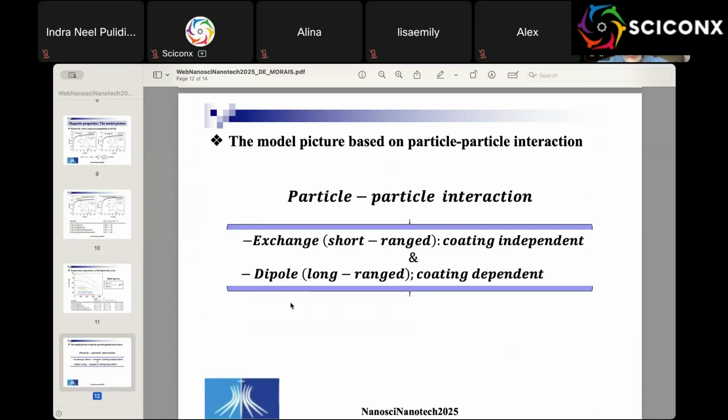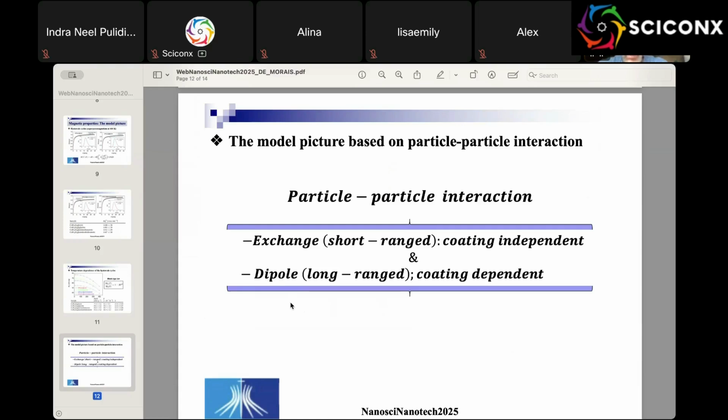Because after you coat your nanoparticle, the exchange interaction is ruled out completely, because it requires the surfaces of the nanoparticles to be very, very close together. So as you make your first coating, regardless of the thickness of this coating, the exchange interaction doesn't contribute to the magnetic properties.